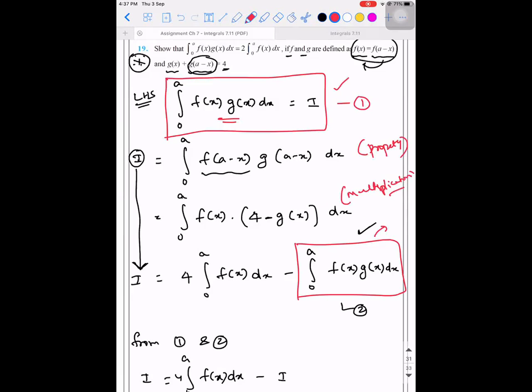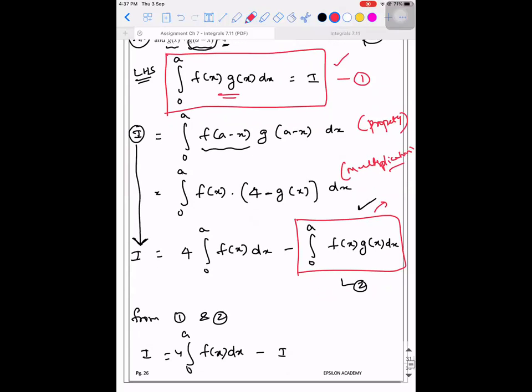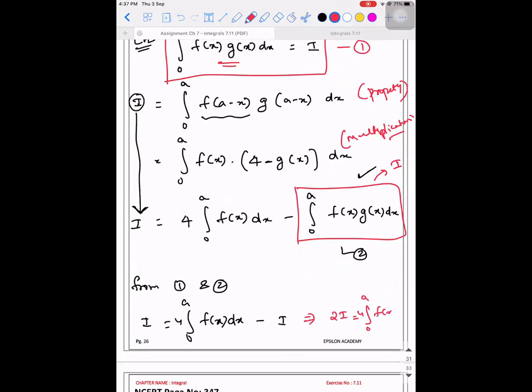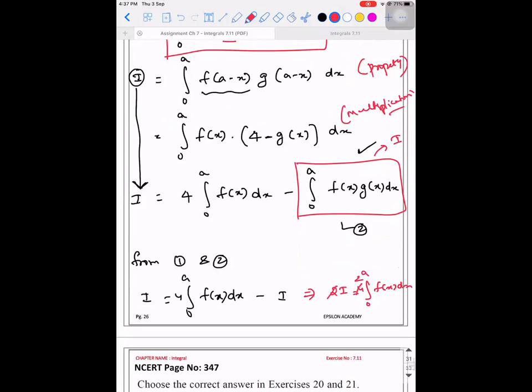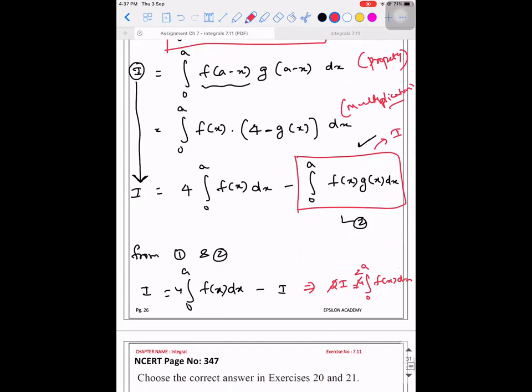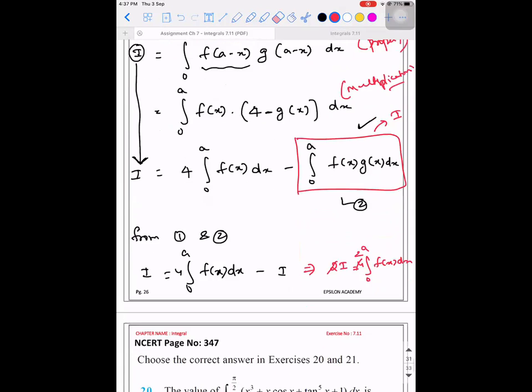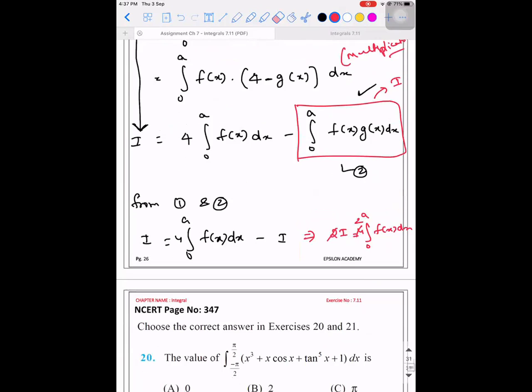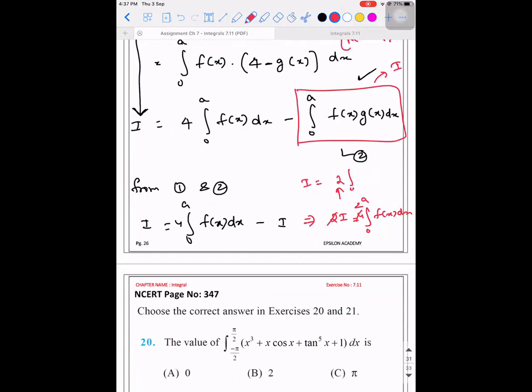I will be equal to 4 times into f of x dx. This will be 2 times. So I will be equal to what? I will be x dx. That's what they're asking us to prove.